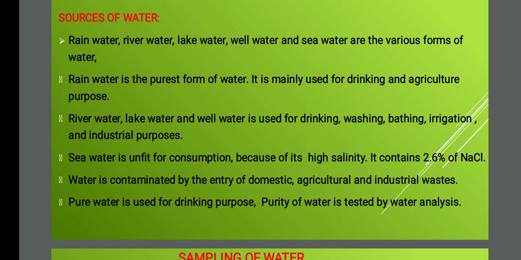Among these waters, rainwater is said to be the purest form, and is mainly used for two purposes, drinking as well as agricultural purpose. Next is river water, lake water and well water.